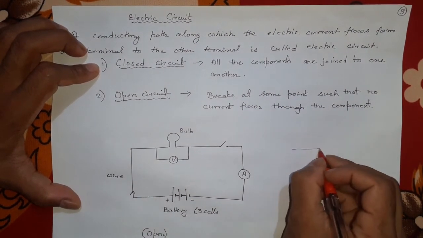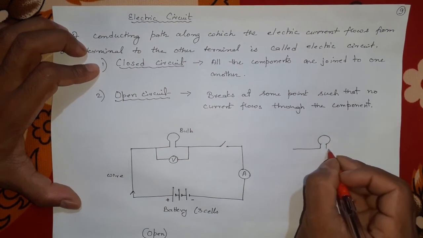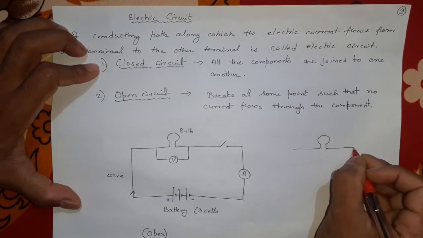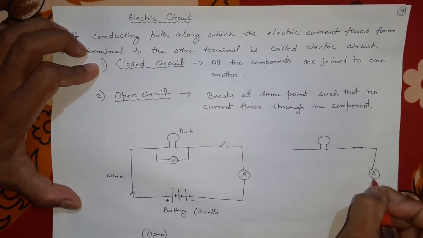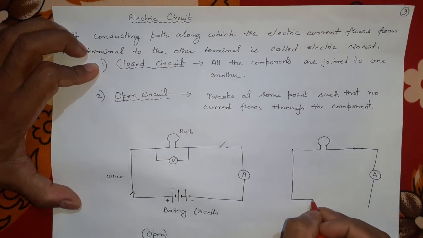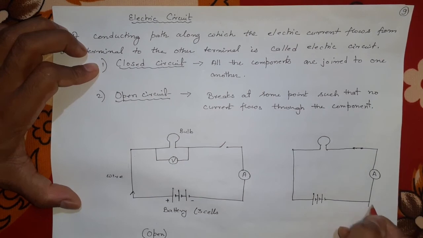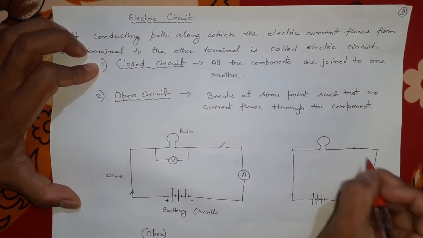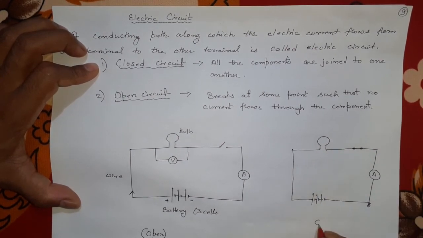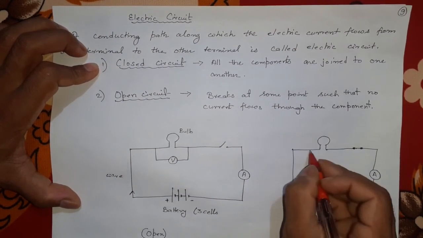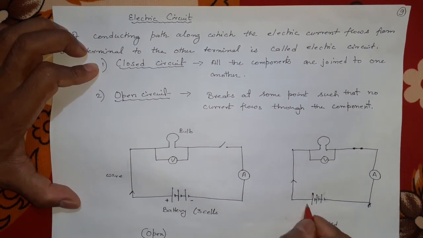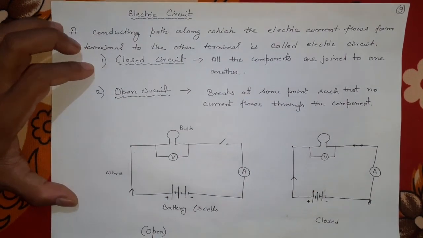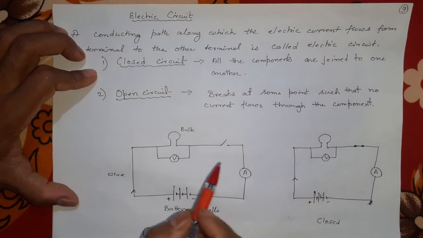If the same thing is like this, connected here, then here it is closed circuit. This may be kept here to measure the voltage, current going this side. Roughly I have shown you that this is the closed circuit, this is the open circuit.